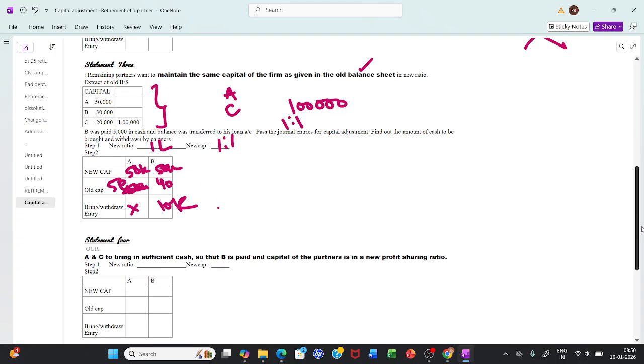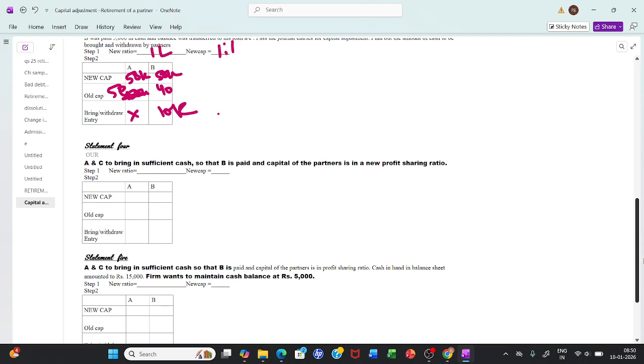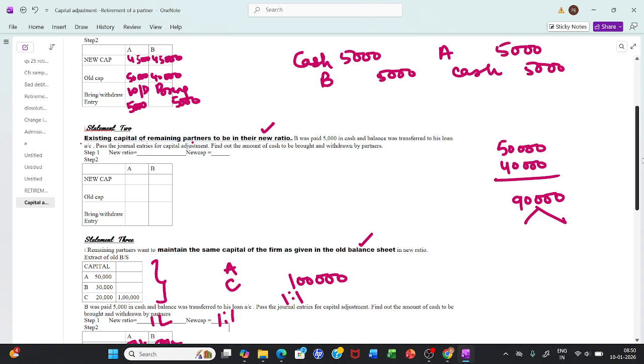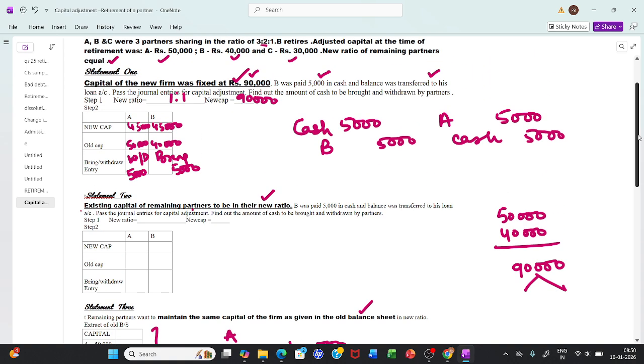Statement 4. They want to bring in sufficient capital to pay B and capital of the other to be in new profit sharing ratio. Here take adjusted capital of all A, B, C including retiring partner: 50, 40 and the third one is 30,000. Okay, here B retires.